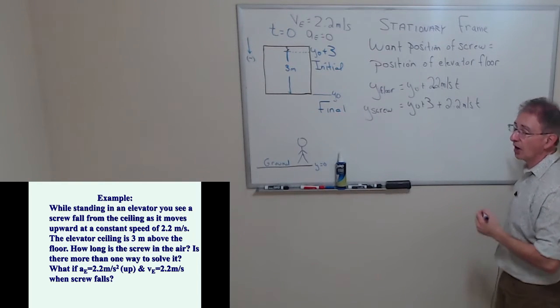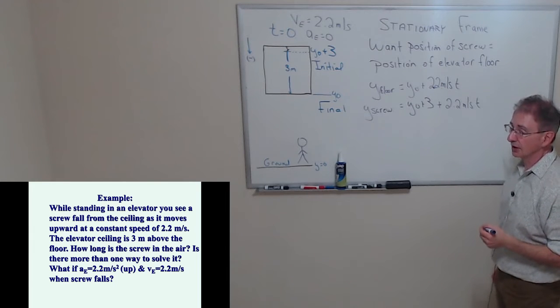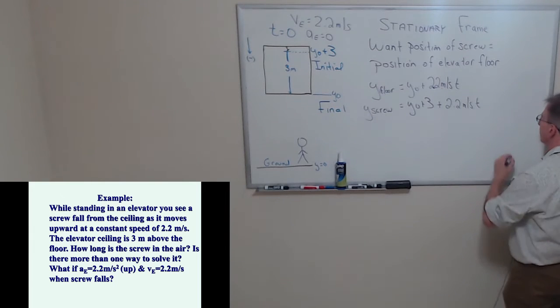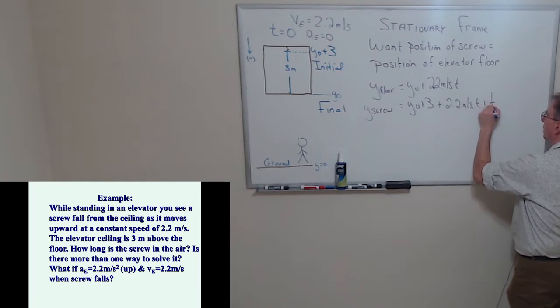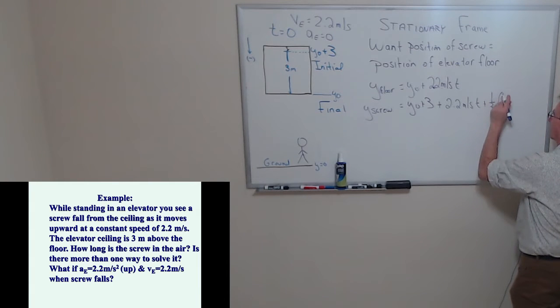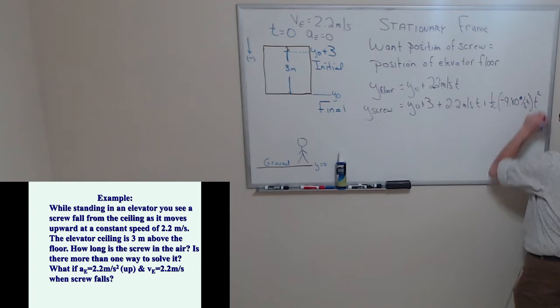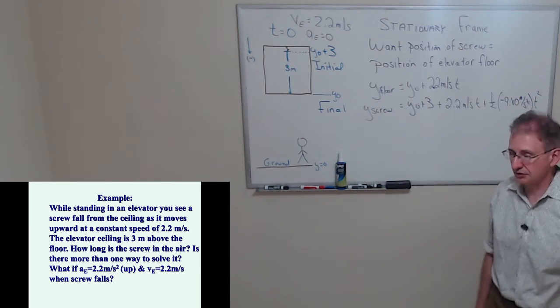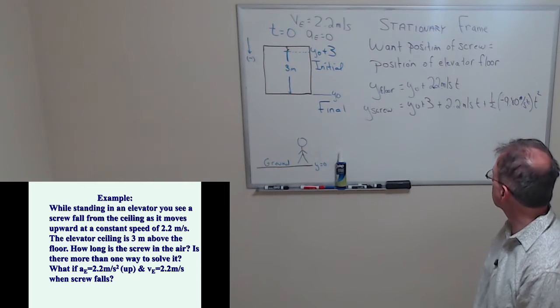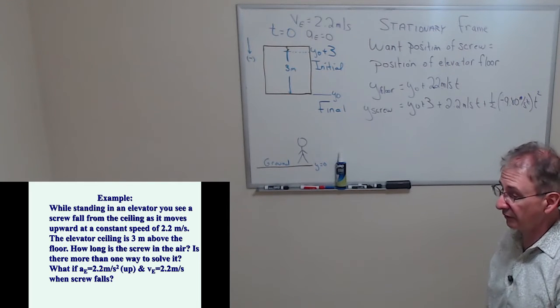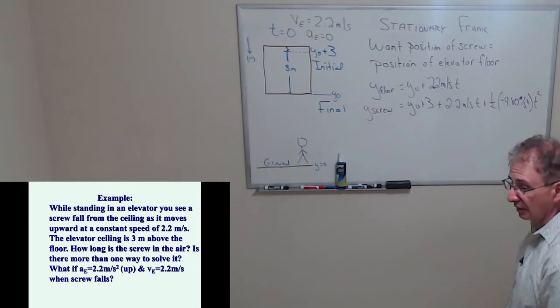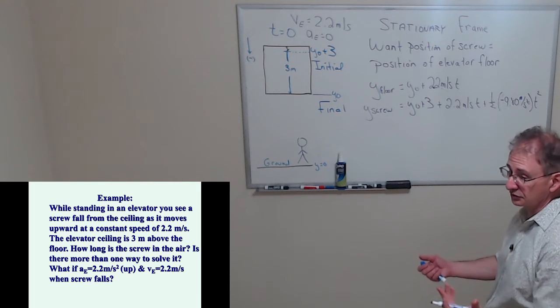And since it's falling, it's undergoing motion at constant acceleration, and we're saying down is negative. That's the position of the screw. I want to find out when the position of the screw equals the position of the elevator floor. That's how long the screw is in the air.